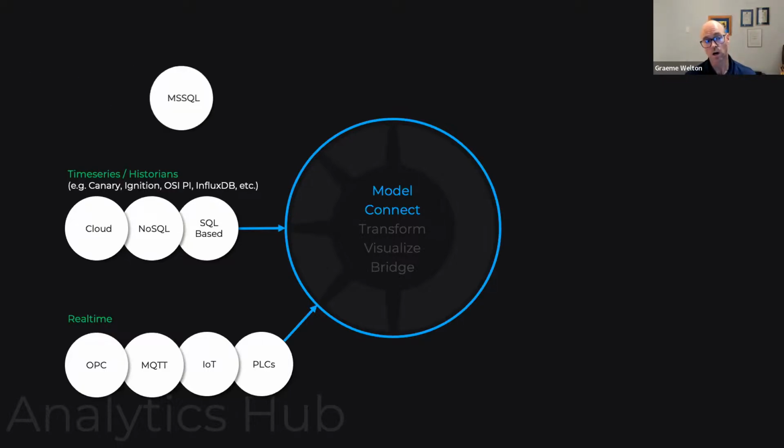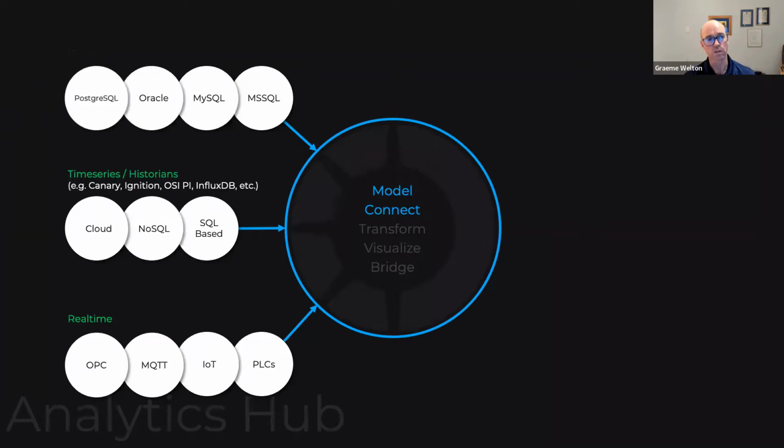The third class of data sources is your relational and transactional data sources. Typically your SQL-based data sources, so Microsoft SQL, MySQL, Oracle, PostgreSQL, and the types of applications you would typically connect to in an industrial sense would be your ERP system.